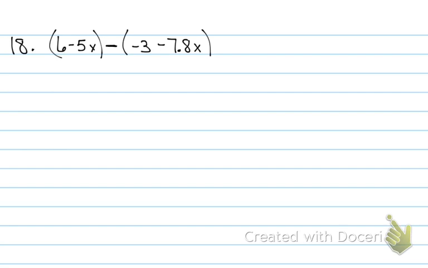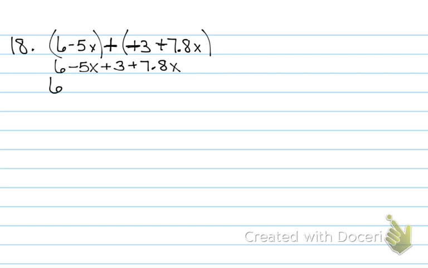My suggestion, and I will not take off on your midterm if you don't do this, but this will help you avoid making a mistake: I would rewrite this. 6 minus 5x. This changes to a plus, and it reverses all of the signs inside. Plus 3 plus 7.8x.